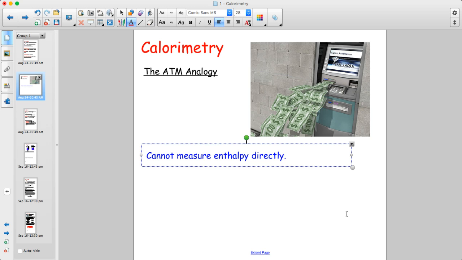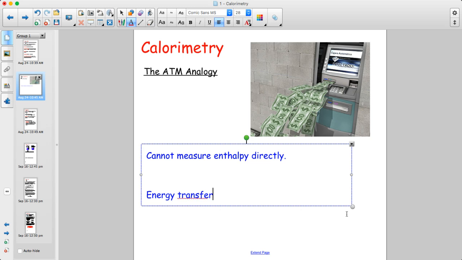If I put 100 euros in, I know that there's now 100 euros more at ABN AMRO. The total money is almost impossible to measure, but the small transfers are what's easy to measure. The energy transfers can be measured.